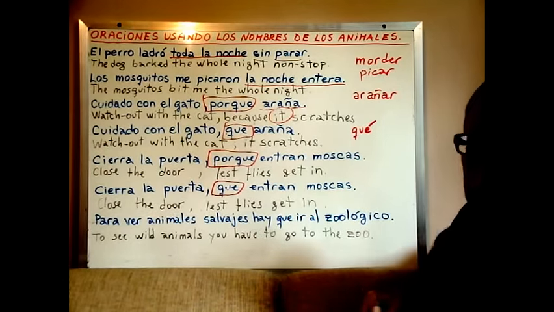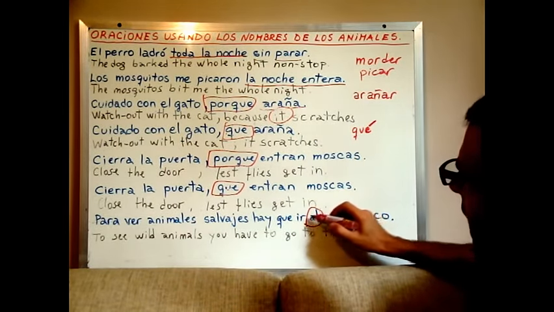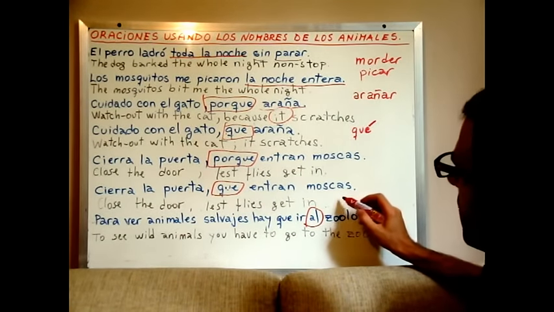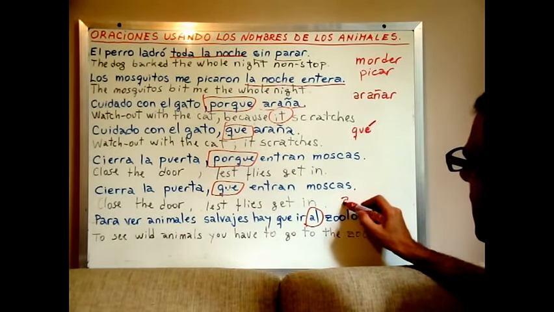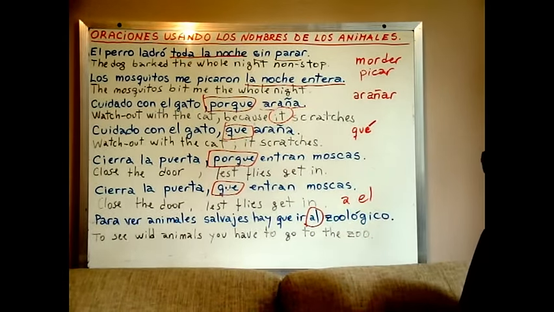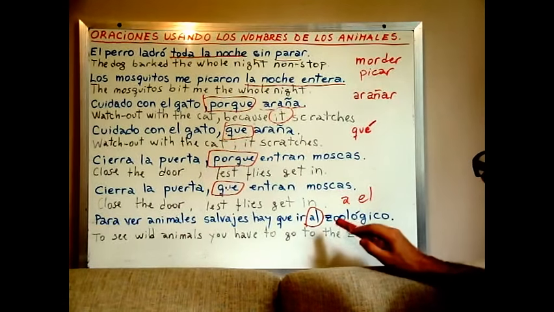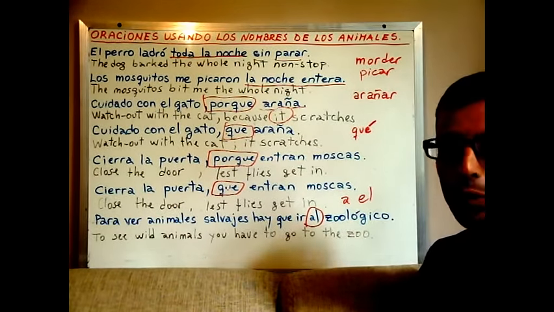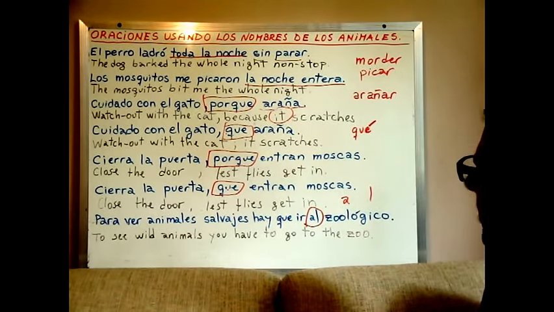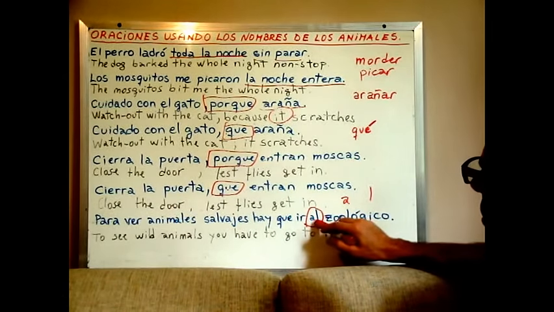So the word to the zoo is al, because al is the abbreviation of a el, right? To the, a el. However, we don't speak a el, we always abbreviate it. Al, okay? Al zoológico, to the zoo.